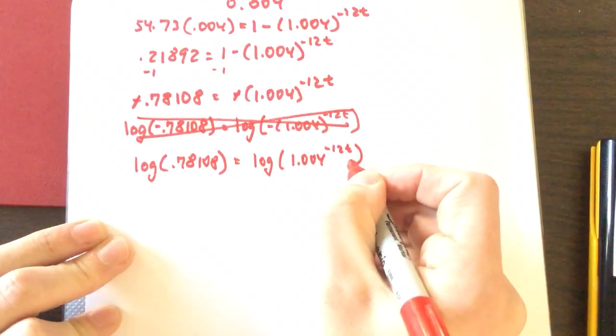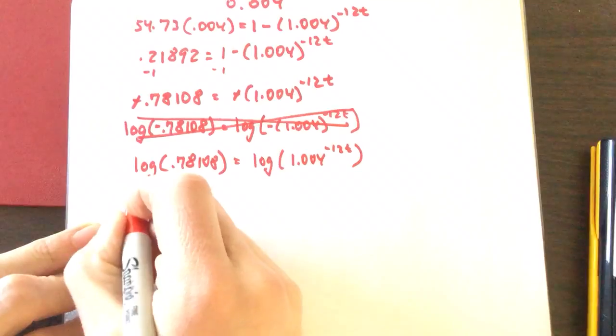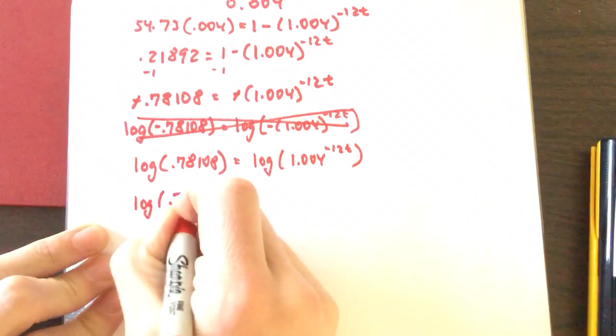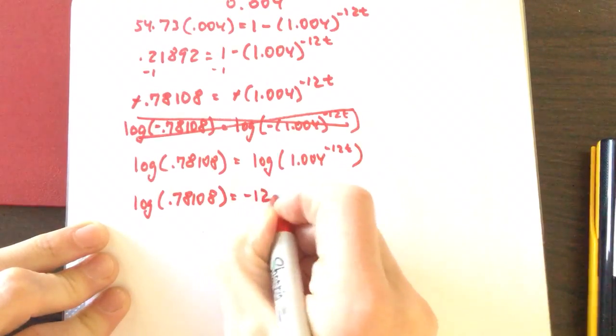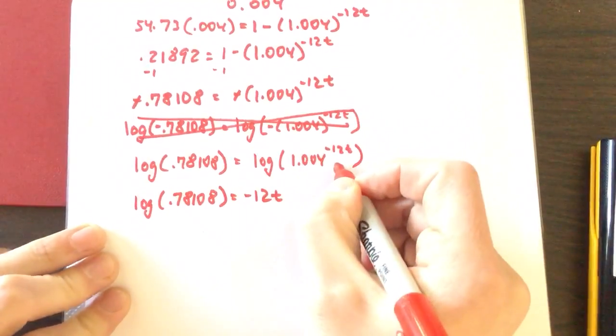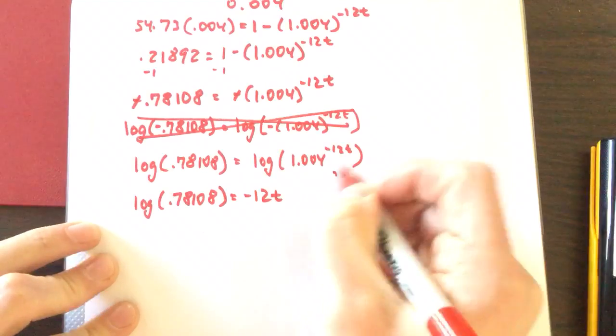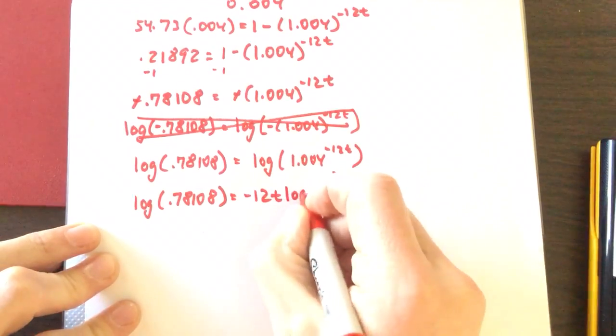Variable exponent inside the log comes out front as multiplication. That's -12t. That negative's okay because it's not a negative base, it's a negative exponent.